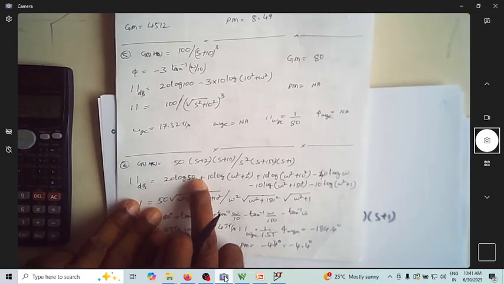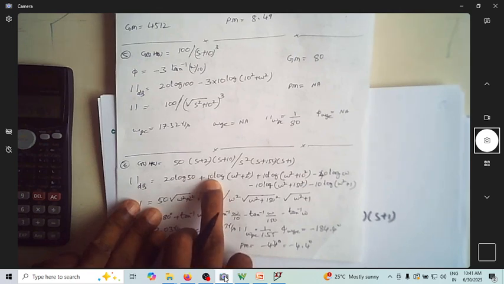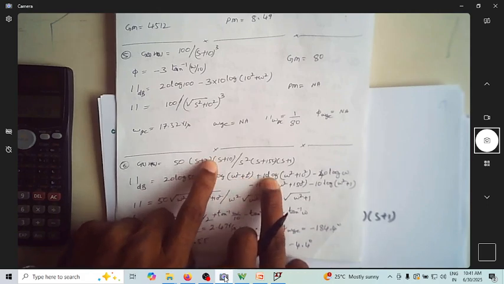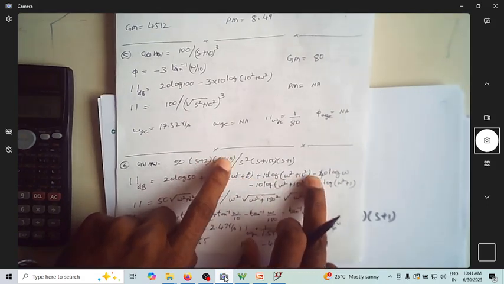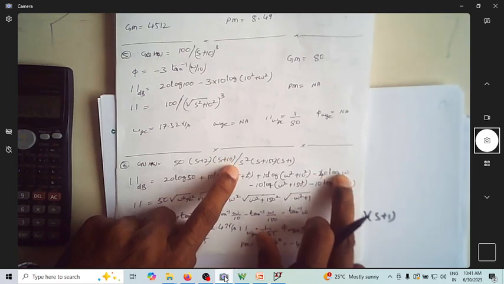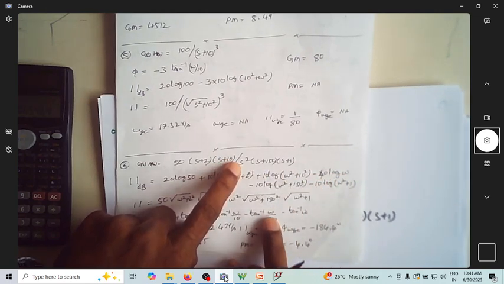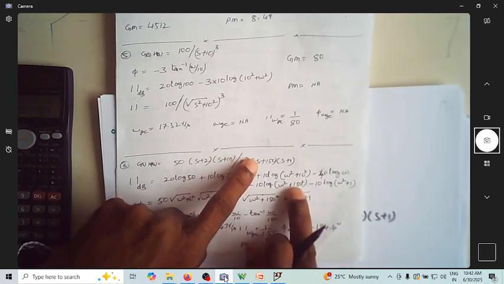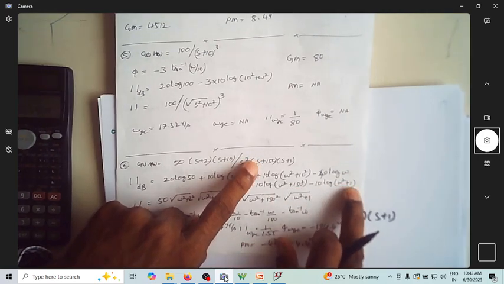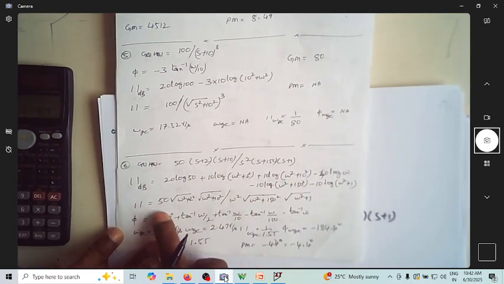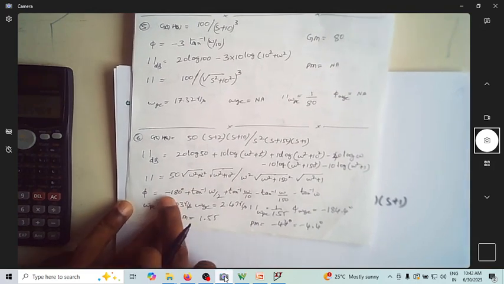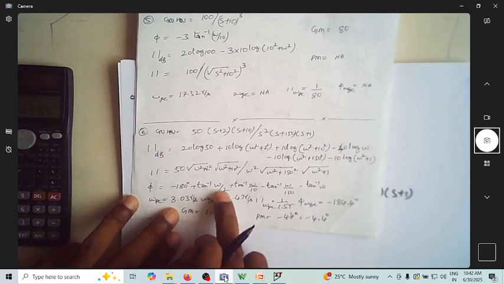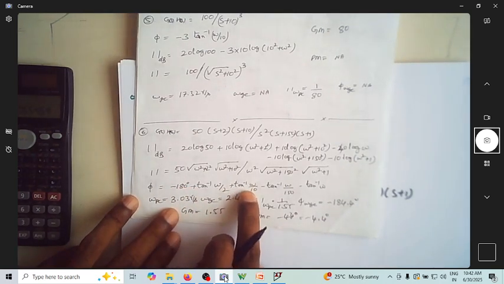I'm writing it as 20 log of 50, plus 10 log of omega square plus 2 square, plus 10 log of omega square plus 10 square, minus 40 log omega, since there is a square, then minus 10 log of omega square plus 150 square, minus 10 log of omega square plus 1. This is in dBs, in absolute value. And this is the phase equation: minus 180 degree plus tan inverse of omega by 2 plus tan inverse of omega by 10, and so on.